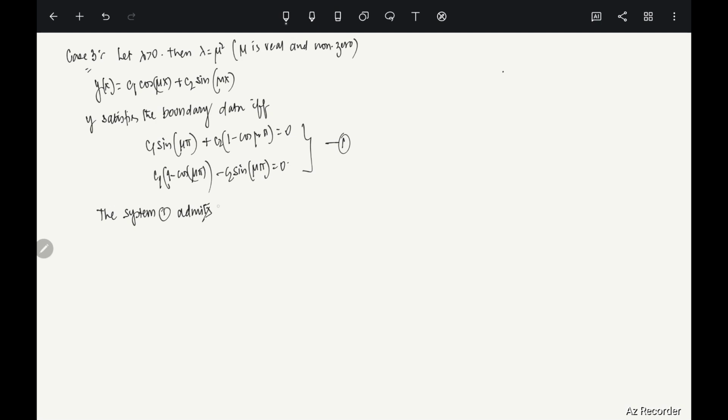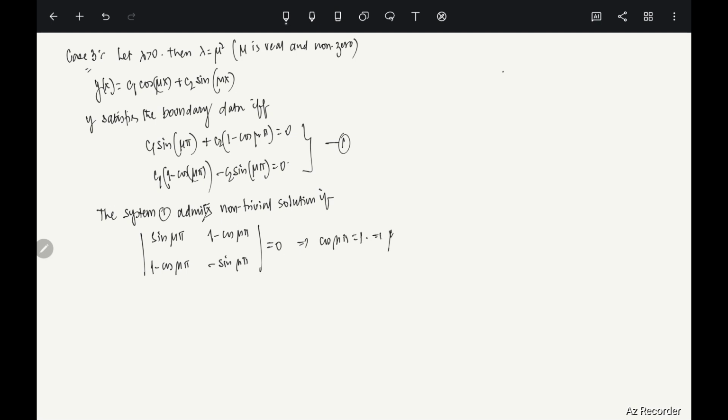So the system admits a non-trivial solution if the determinant, what is the determinant? Sine of mu pi, 1 minus cosine mu pi, and 1 minus cosine mu pi, minus sine of mu pi, this is going to be 0. Yeah, that will imply that cosine of mu pi has to equal 1.